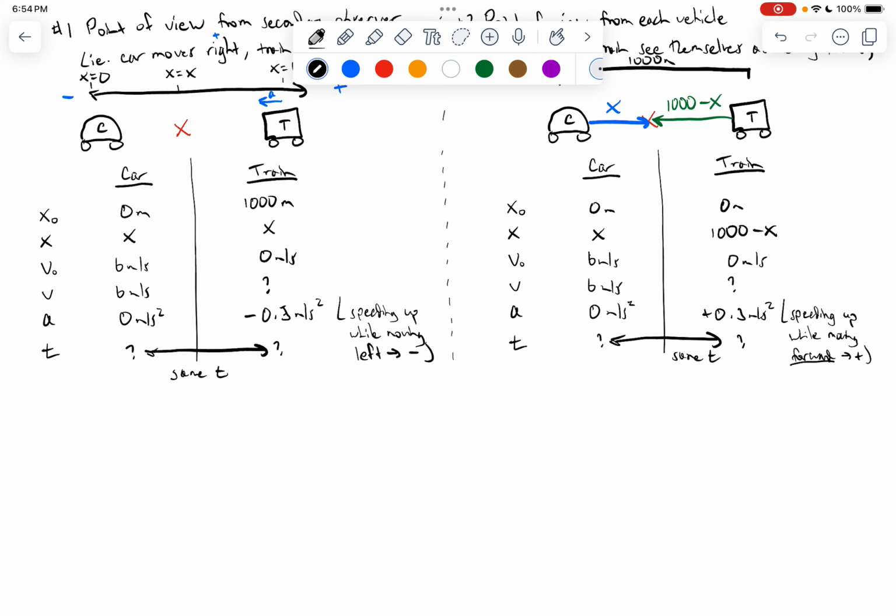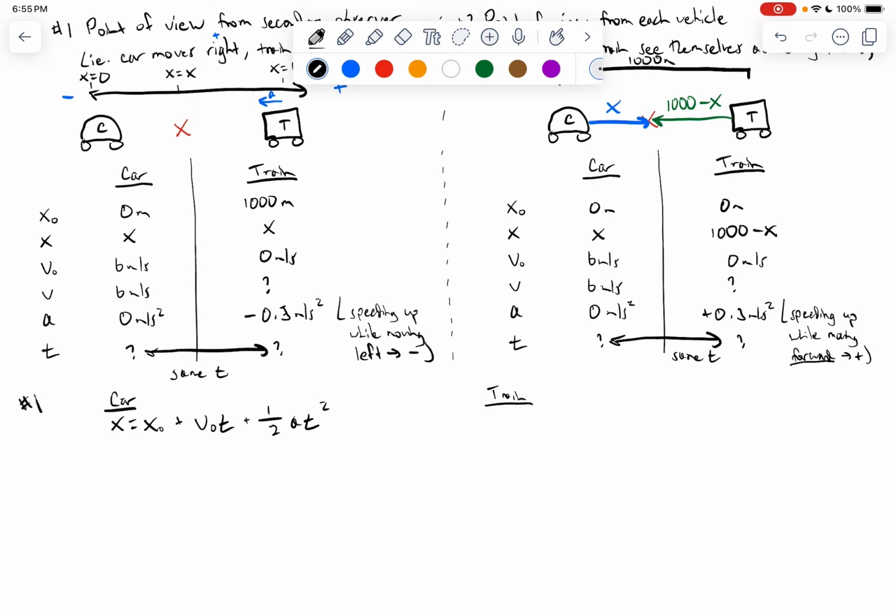So if I want to come up with an equation of motion for the two objects, I can use our kinematic equation x equals x initial plus v initial t plus 1/2 a t squared, and apply this equation to the car. And again, we'll do the same thing with the train. We're using the option number 1 coordinate system here.